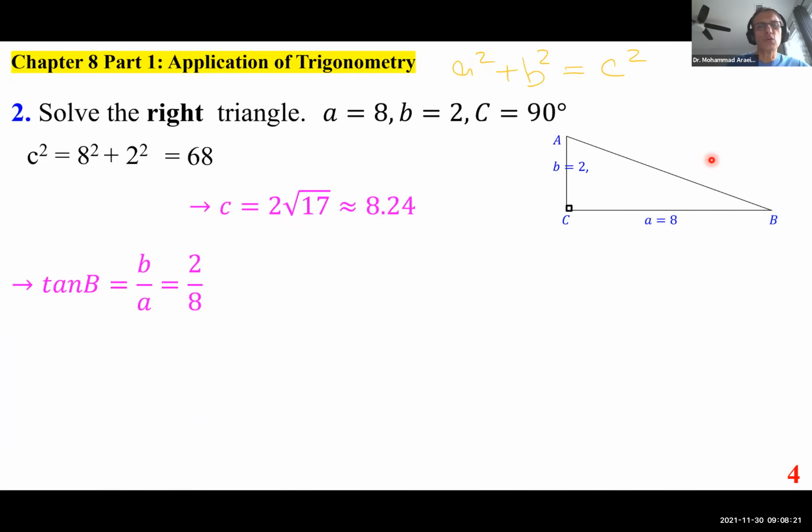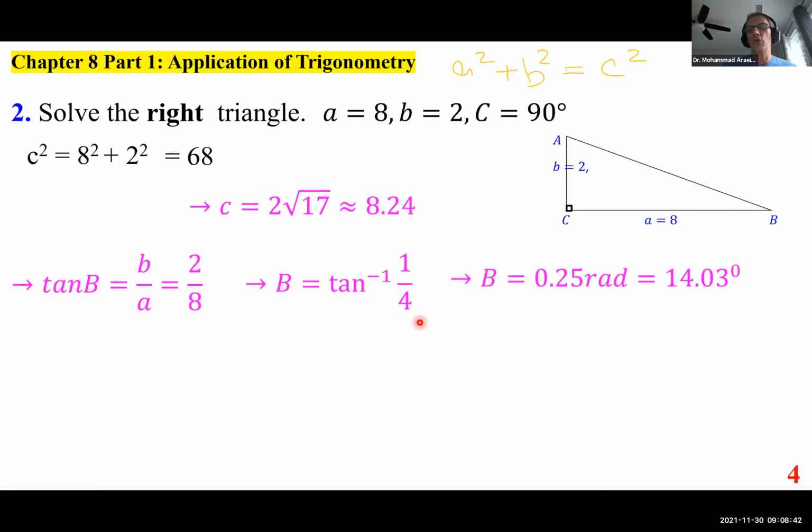Now, the next one, we want to find capital B. Tan of B is b over a, 2 over 8, or 1/4. So B is tan inverse of 1/4, which gives us 0.25 radians or 14.03 degrees.